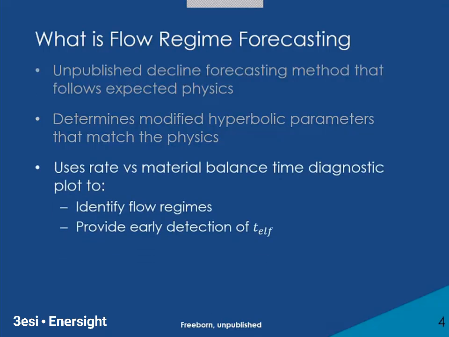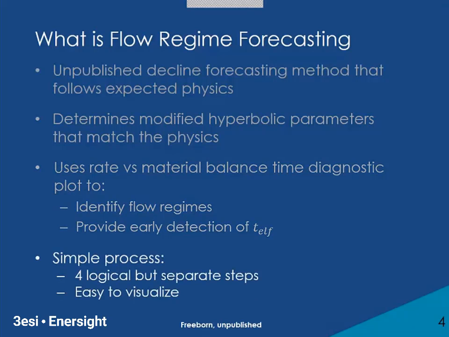It uses rate versus material balance time as a diagnostic to determine where your flow regimes happen. And oftentimes, that detection will give you an early indication that you're at the end of linear flow and starting to change flow regimes. But most importantly, it's a really simple process.